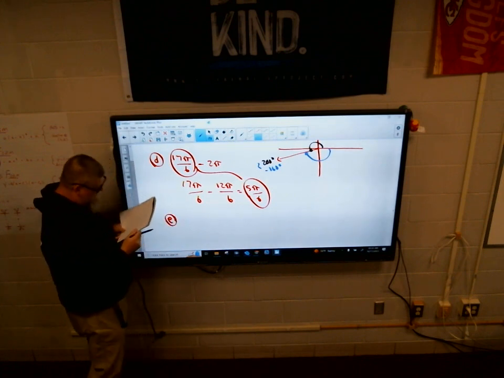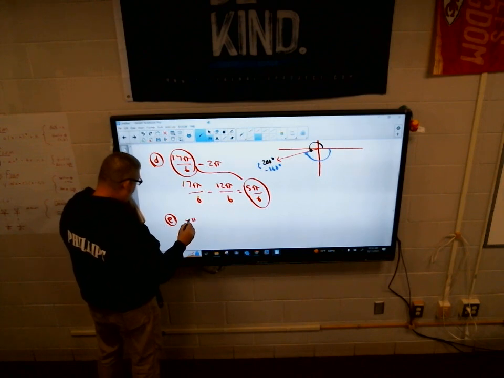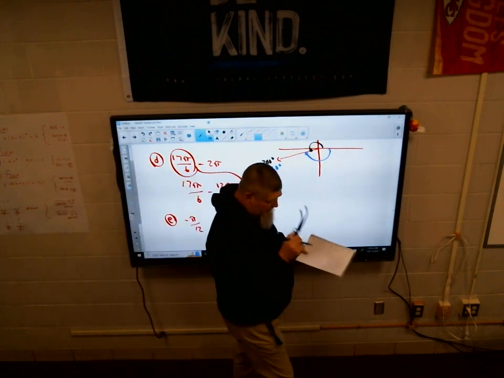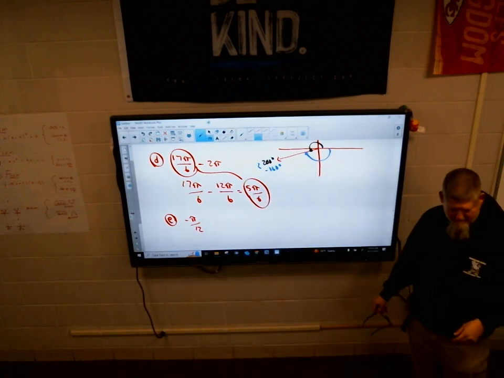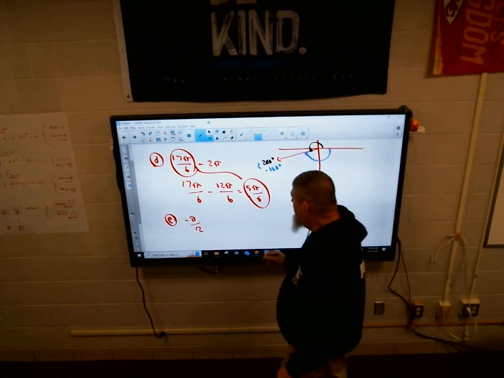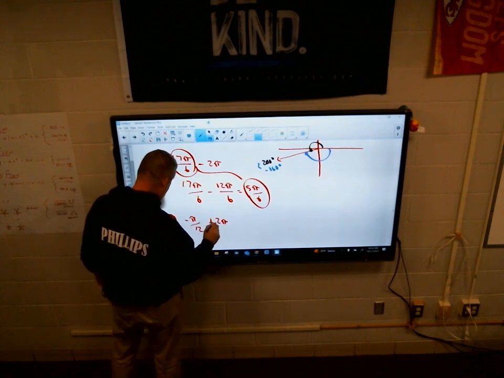All right, let's do one more quick example. What if I give you negative pi over 12? First of all, it's negative, so am I gonna add or subtract? I'm gonna add, and what am I going to add? 2 pi. I'm going to add 2 pi, but obviously I have to get a common denominator.